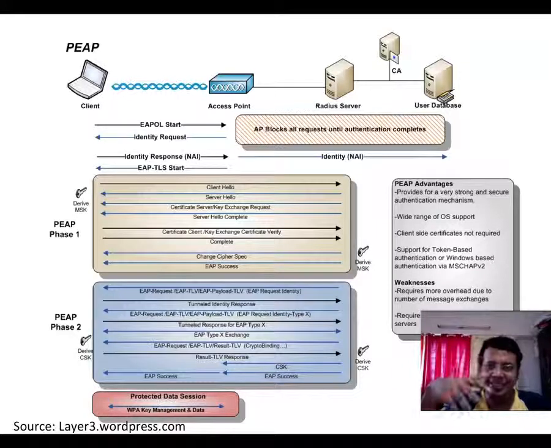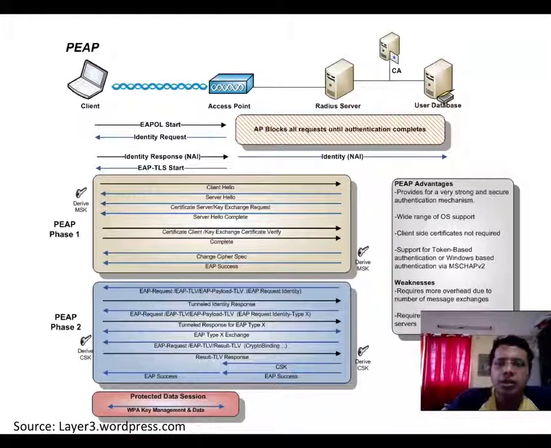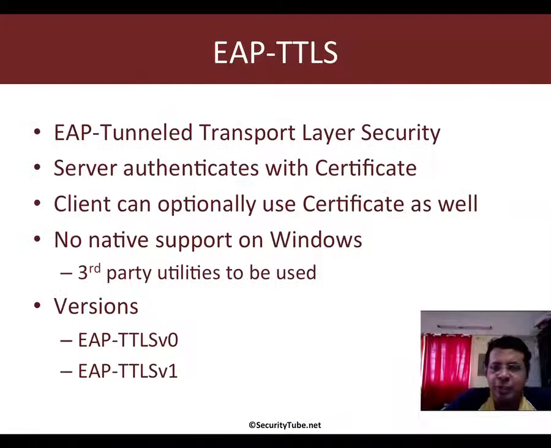If this succeeds, then the RADIUS server sends an EAP-Success to the access point, which in turn relays that to the client. And post that, you have the key negotiation, which happens using the original WPA stuff, which we've visited in previous videos. We'll come to the weaknesses etc. when we do the actual demo.